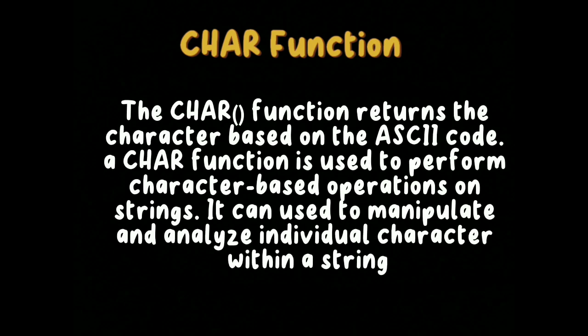The next one is CHAR. What is CHAR? The CHAR function returns the character based on the ASCII code. The CHAR function is used to perform character-based operations on strings. It can be used to manipulate and analyze individual characters within a string.